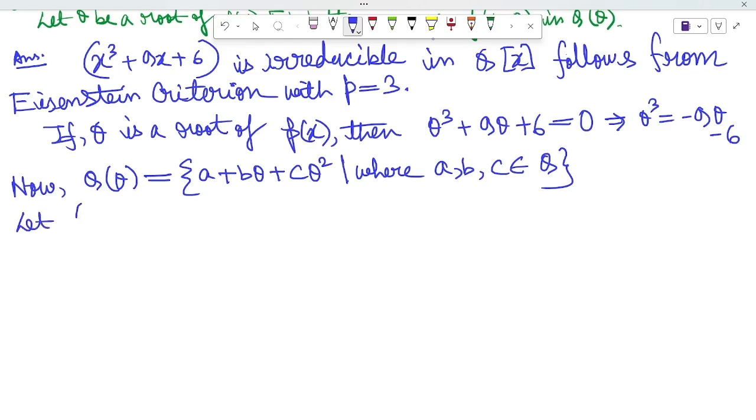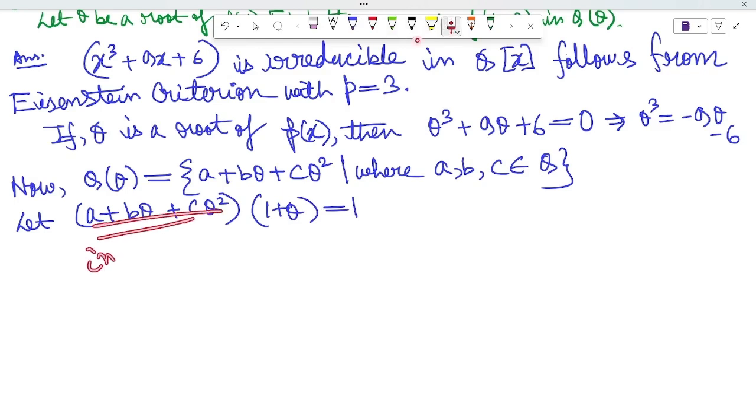Let a plus b theta plus c theta square, into 1 plus theta, equal to 1. Assume this is the inverse.